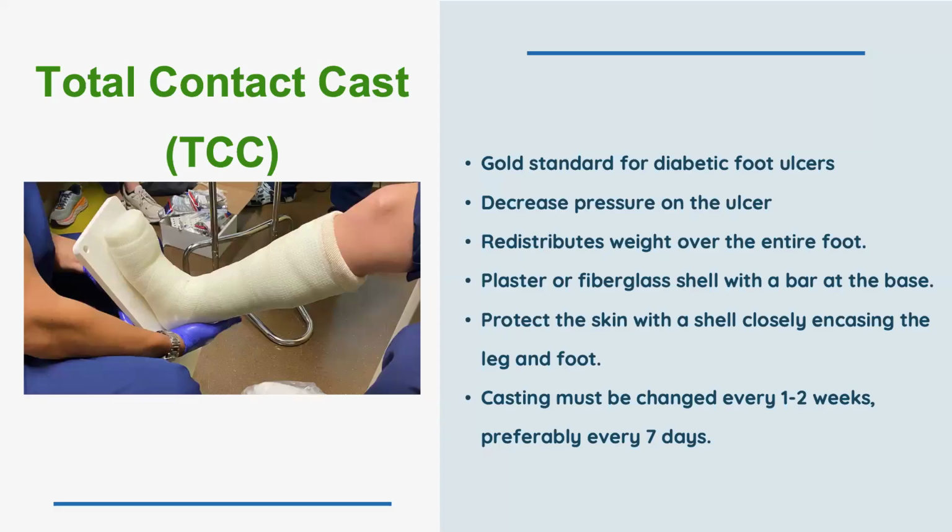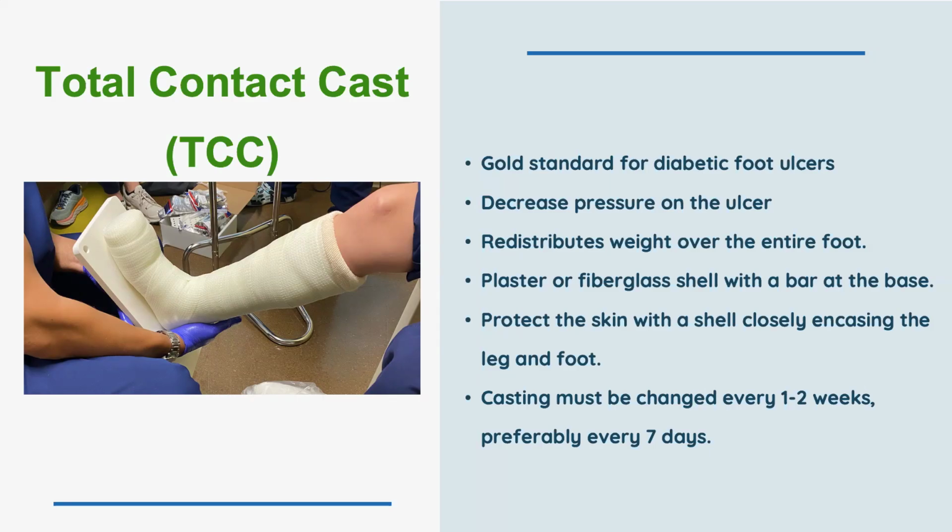The gold standard for diabetic foot ulcers, in particular Wagner 2, which is essentially a deep ulcer that does not extend into the muscle, bone, or tendons of the foot, is the total contact cast, or TCC, and this is a picture of us applying it. Basically, it decreases the pressure on the ulcer and redistributes the weight over the entire foot.